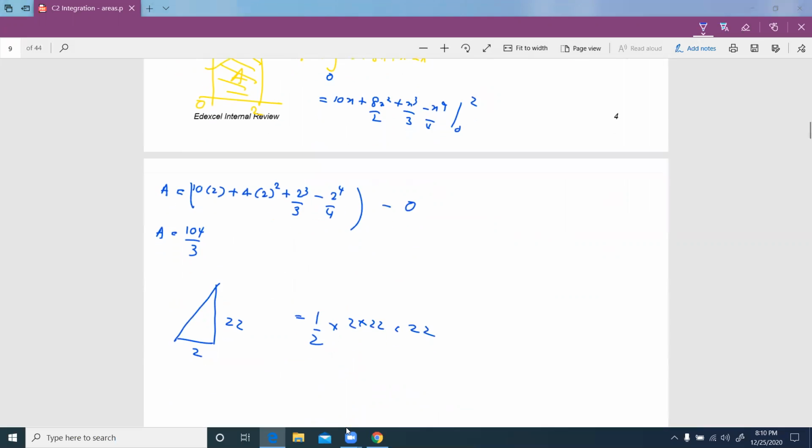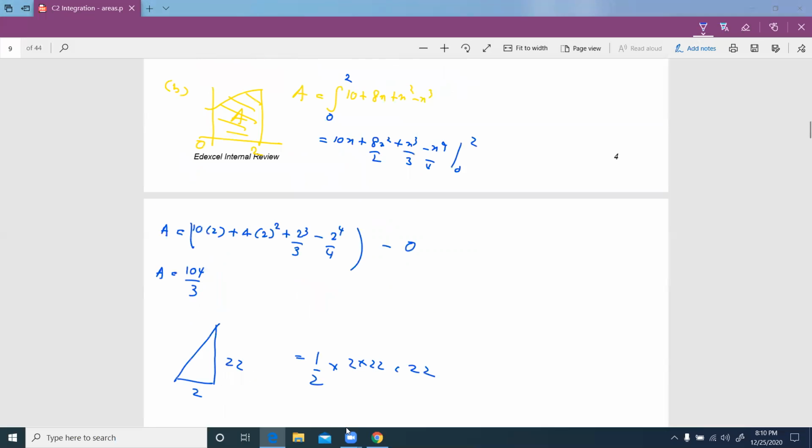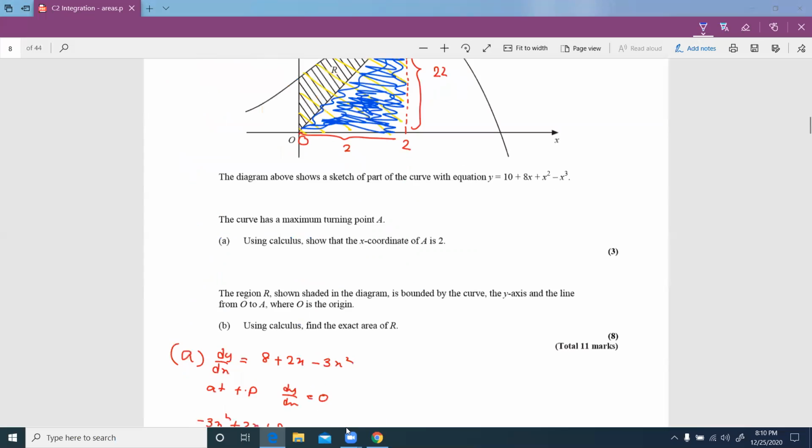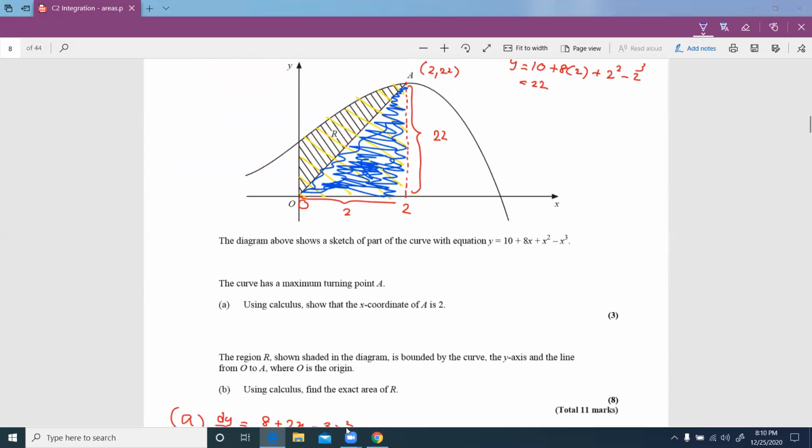Therefore, the required region R you can find by subtracting the area of the triangle from the area under the curve. From this entire yellow area, if you subtract the area of this triangle, you can obtain the required region R, right?